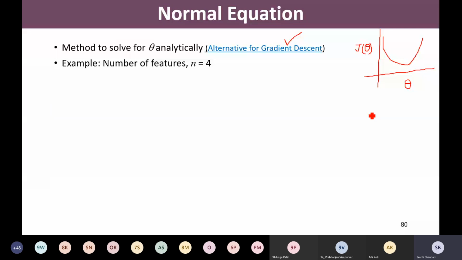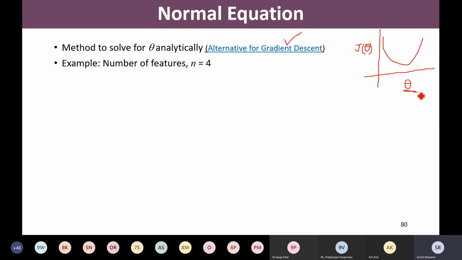After a number of iterations, our algorithm may converge and we may come up with the optimal values of thetas. That is how gradient descent works. But now we have this alternative method, the normal equation method, to solve for theta analytically.